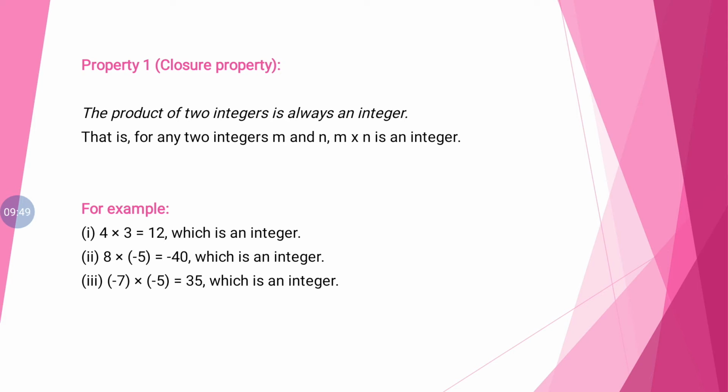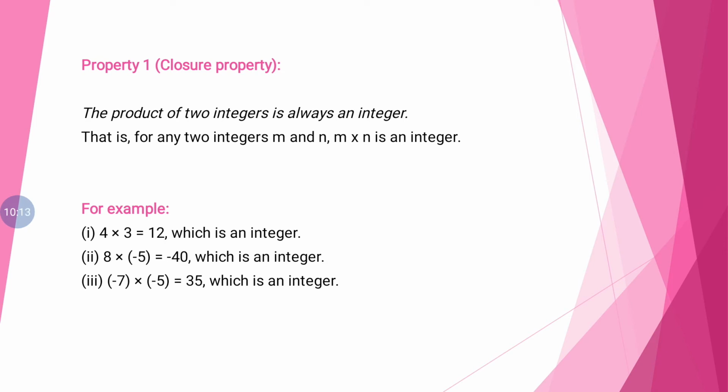The product of two integers is always an integer. When two natural numbers are added or multiplied, we get an integer.